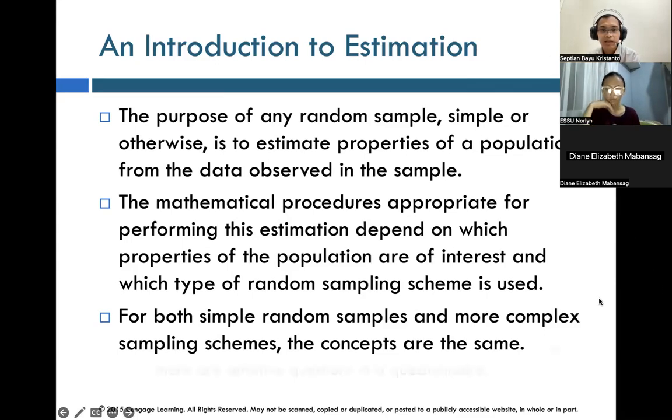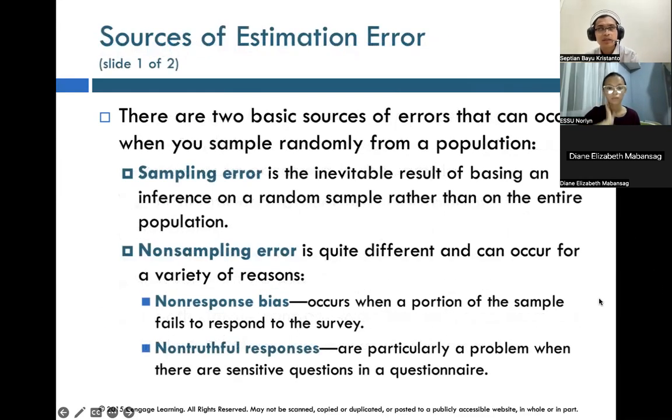This is a little more complex than our definitions of random sampling and systematic sampling, because estimation is about the error. If we pick a sample, it is not necessarily a good sample. Sometimes we pick a bad sample, or it contains bad samples. So we need to estimate what kind of error, what kind of mistakes we have.